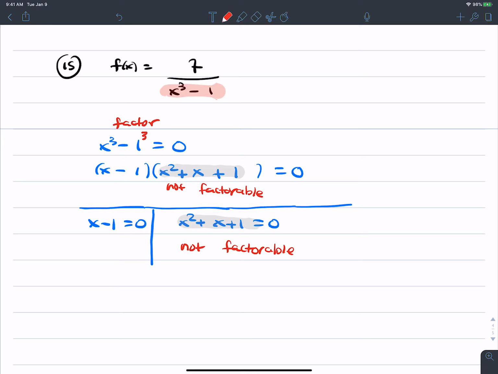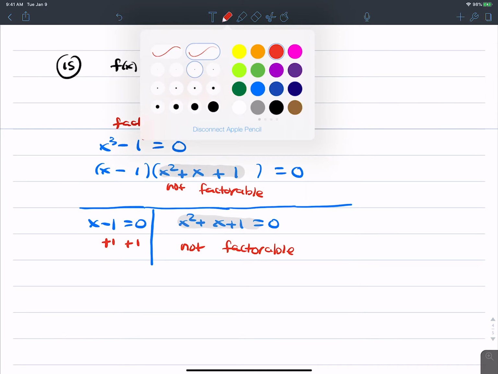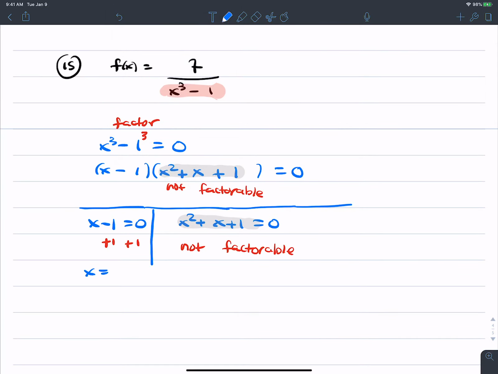So our context here is real numbers. What that means is this portion isn't going to be useful for us. We can ignore it because we know it's not factorable. It's going to give us complex numbers. We just have to solve the first equation, which is done very easily. We now get x is 1.